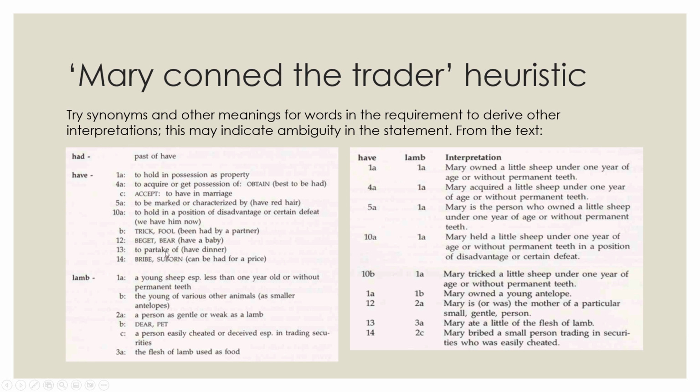And so here the authors look at had and have, different definitions, and lamb, and they come up with several variations, including the one that I did, and I took it from them on here.